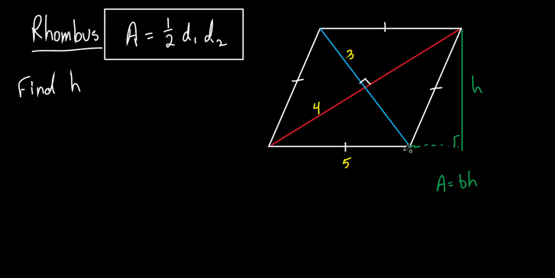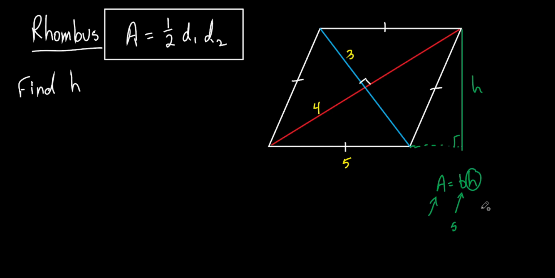The only problem is I don't know the height, but if I could find the area of this whole thing, let's call it a parallelogram, it's both, right, then I know 5 is the base, and then I can solve for h.